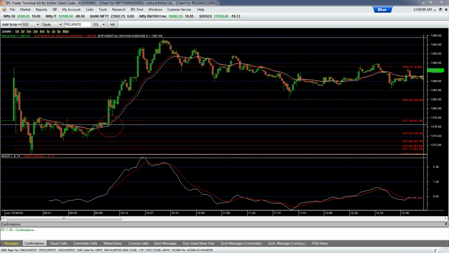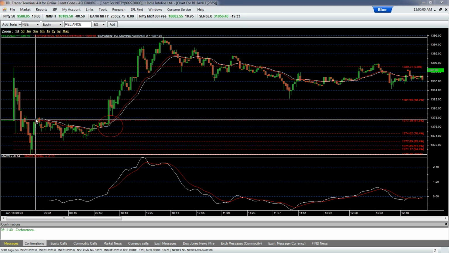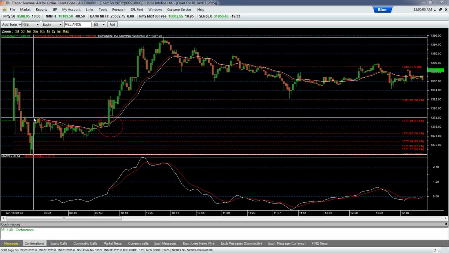Okay, so let's see the answers. White line and small resistance is broken. Yes, absolutely. So this is the line of resistance. That is the reason I asked why it is the best buy zone. When I say a zone, I mean that there are multiple factors being considered.